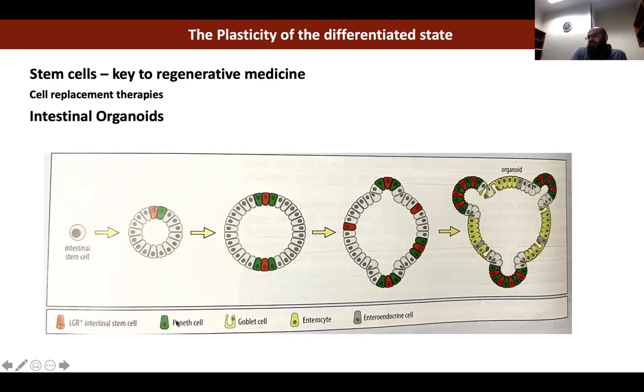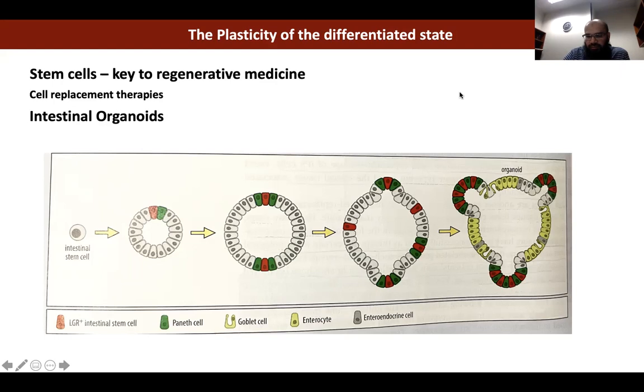Can anybody tell me which of these five cell types is responsible for absorbing the nutrients from the gut?